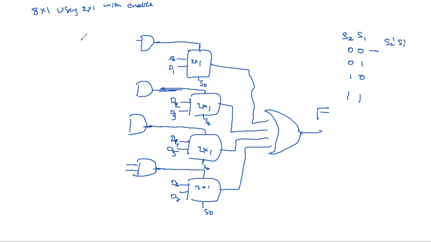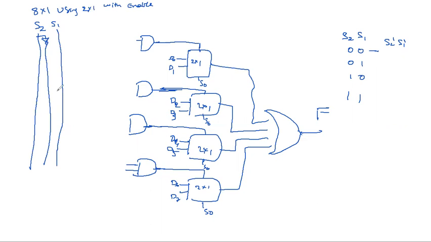So the remaining selection lines are S2, S1, right? So this is S2, S2 bar, S1, S1 bar.